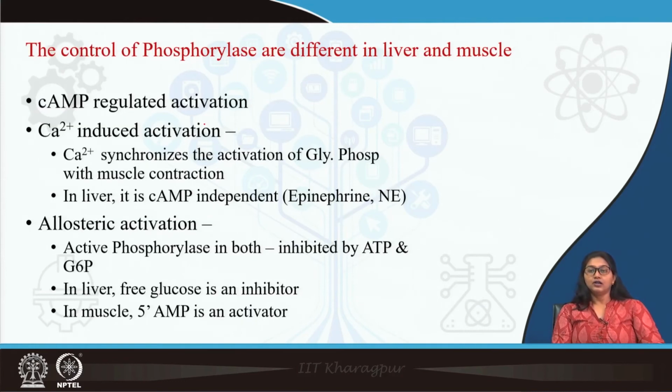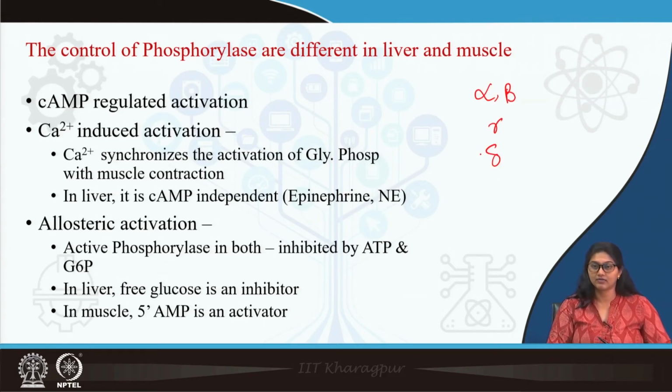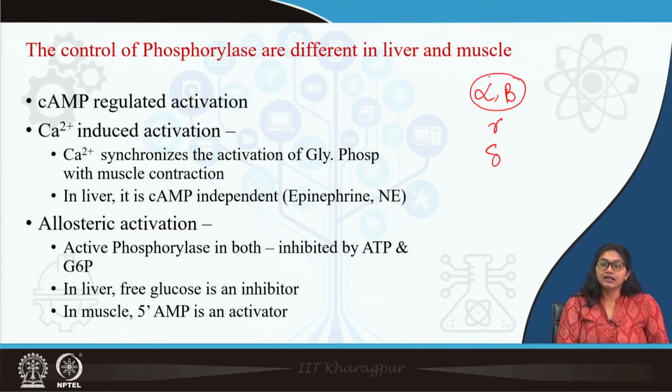Now, this phosphorylase kinase enzyme has 4 subunits: alpha, beta, gamma and delta. The alpha and beta subunits have residues which can be phosphorylated.